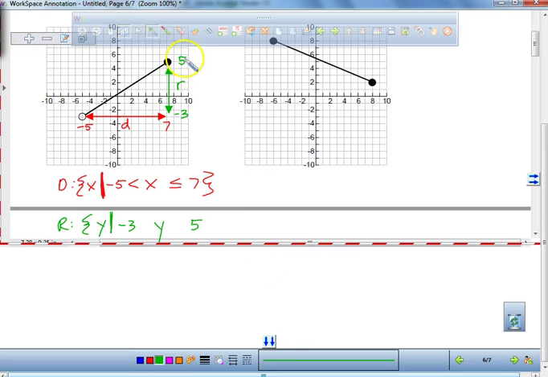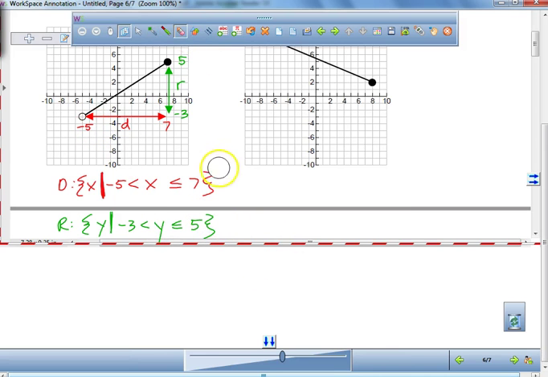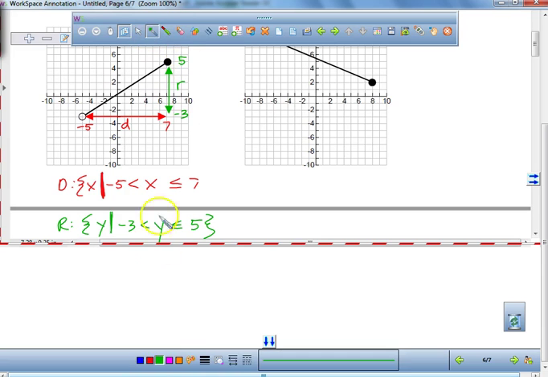Now which one is my Y value equal to and which one is it not equal to? Equal to 5, so we'll say it's less than or equal to 5, but it's just greater than negative 3. And that is your final answer.